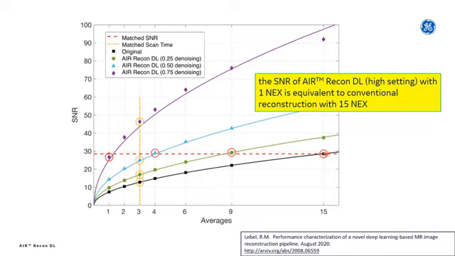So there's approximately a factor of 15 to 1 in the SNR performance with respect to averages between AIR Recon DL and the conventional reconstructed image. That's a very important thing, and we'll keep note of it. If you want to read more about this experiment, you can see this reviewed article authored by Mark Labelle, who was one of our inventors of AIR Recon DL at GE.